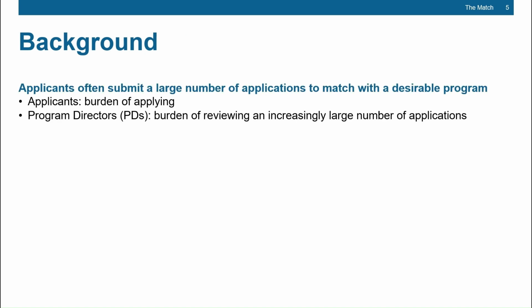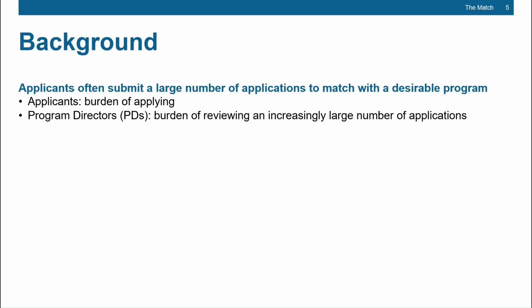So what do we hope to gain from looking at the characteristics of applicants included on program rank order lists? Well, we know that applicants submit many residency applications to try to match with a desirable program. For applicants, this leads to a burdensome application process due to the inordinate amount of time spent identifying places to apply and perhaps making decisions on where to preference signal.